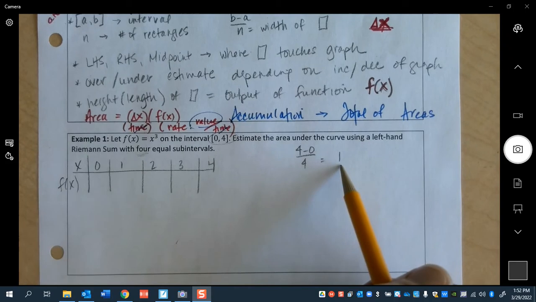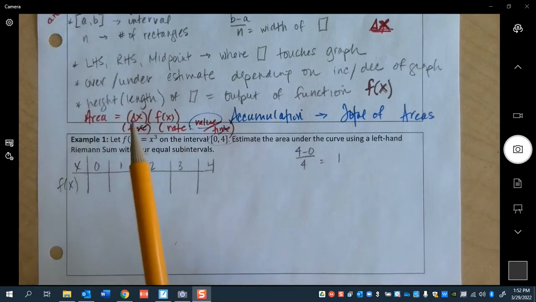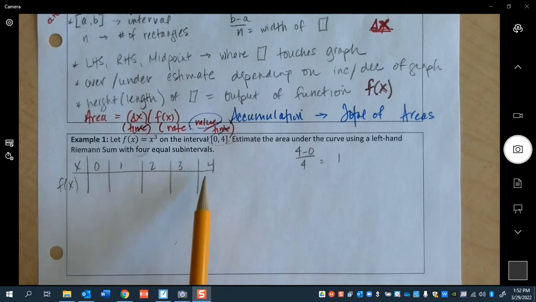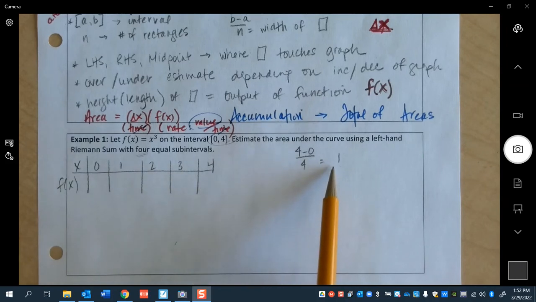If this had worked out to be 1/2, I would do 1/2, 1.5, 2.5, 3.5 in addition to those integer values. So my input values that I use on my table are going to be determined by how wide I'm making my rectangles.